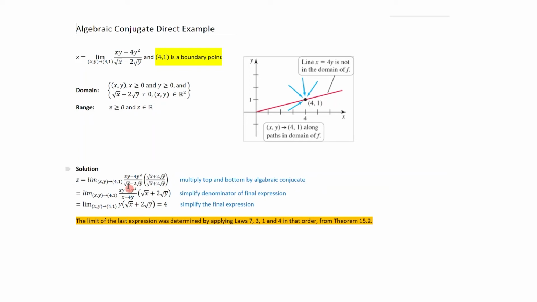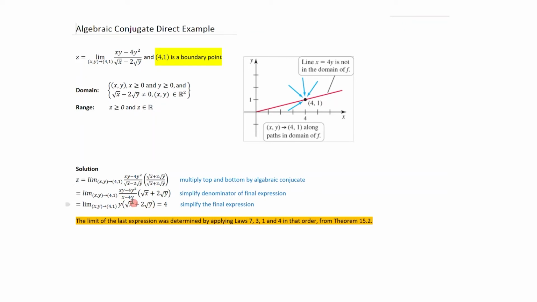However, multiplying square root of x plus 2 square root of y times square root of x minus 2 square root of y gives you this term that you see here, x minus 4y. And so this term can be further simplified because you can factor out a y in the numerator, in which case you get a cancellation of x minus 4y that leaves you with this expression here.